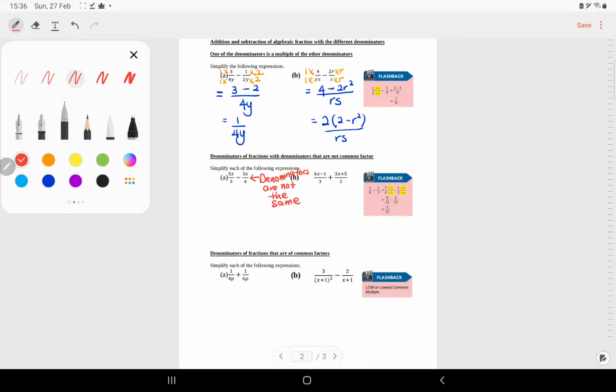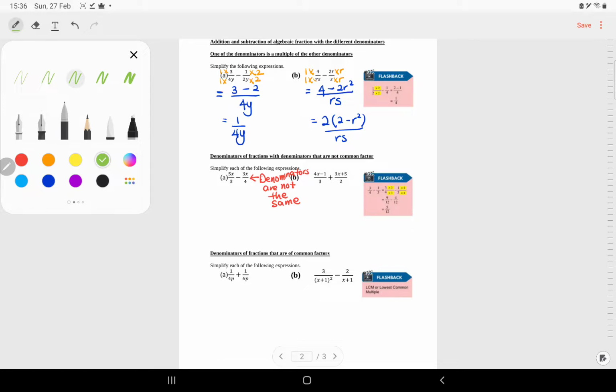So how can we do that? Well, remember the lowest common multiple, LCM. Now how do we do that? You have denominators of 3 and 4. What is the lowest common multiple?